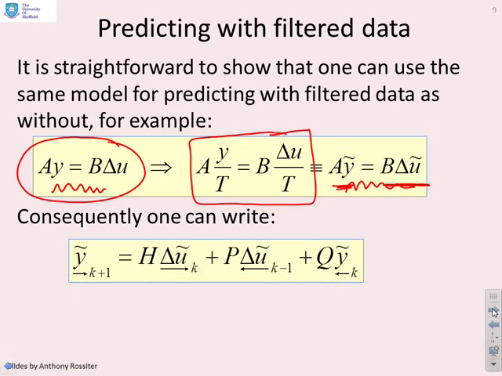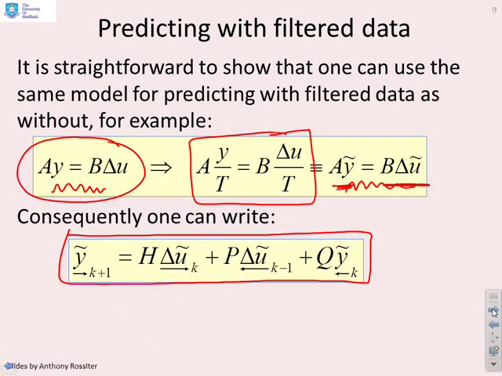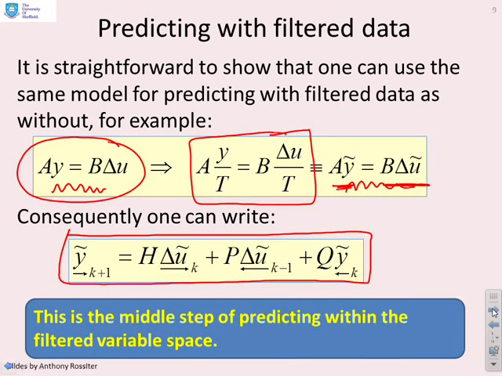So in other words, the predictions in the filtered domain, and you see it's exactly the same prediction equation that I used before. The only difference is I've replaced filtered variables with actual variables. Now this was the middle step in the process that we had. So you'll see we're sort of going backwards.